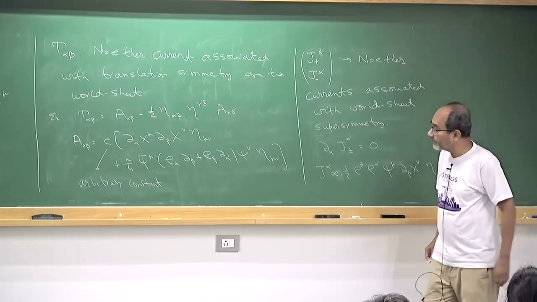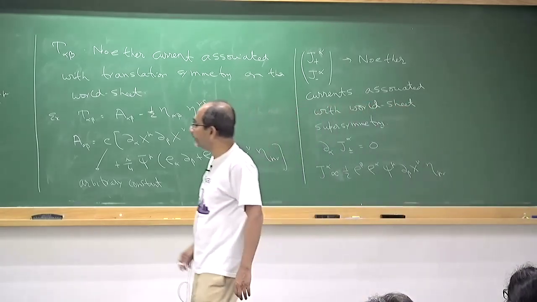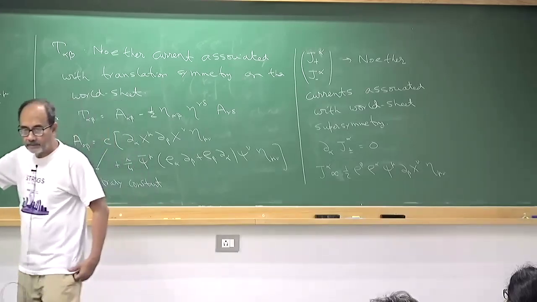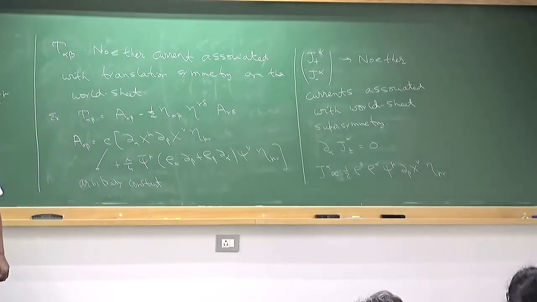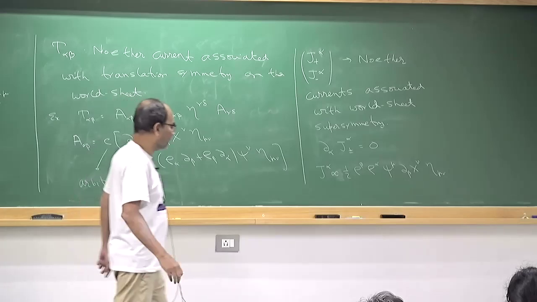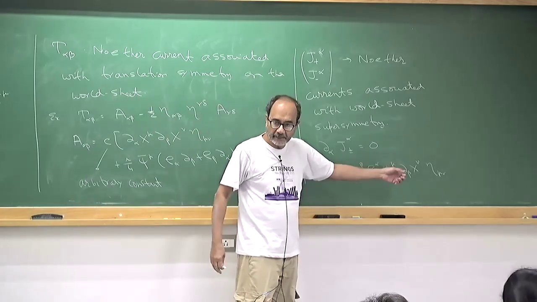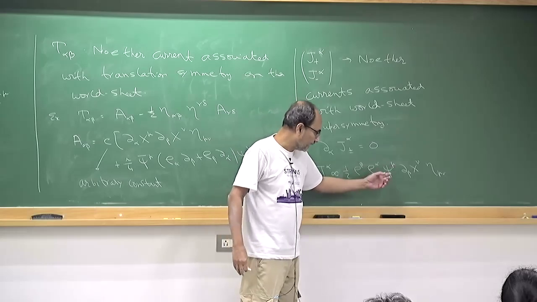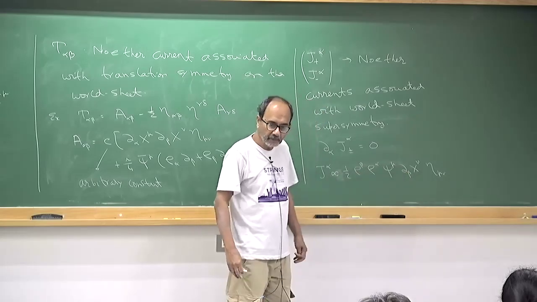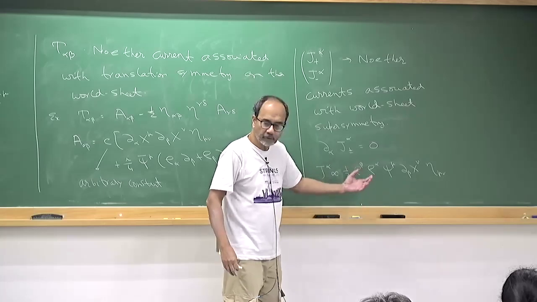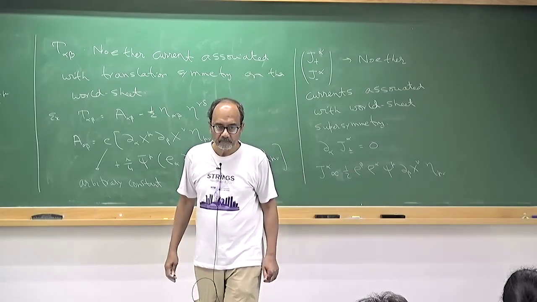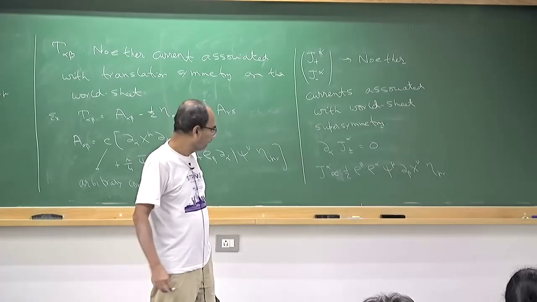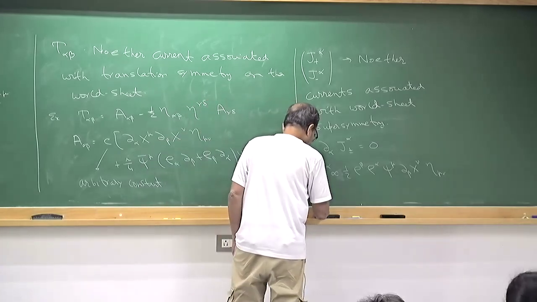Psi mu, if you remember when I wrote it, the top component was plus, bottom components are minus. So J plus or J alpha plus is proportional to psi plus times some derivative of x mu, and J minus is proportional to psi minus.